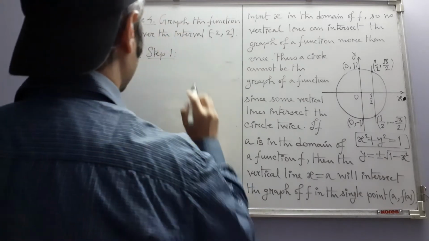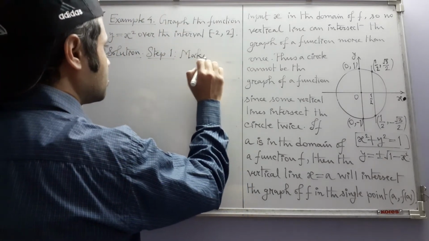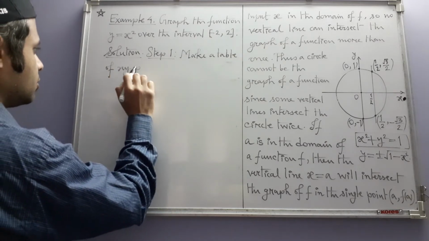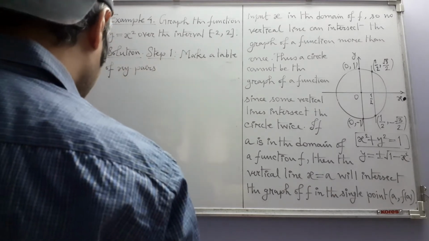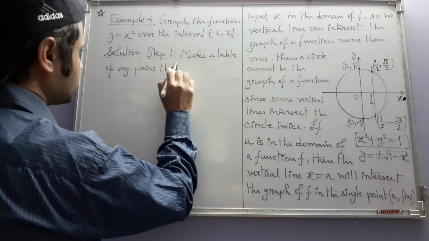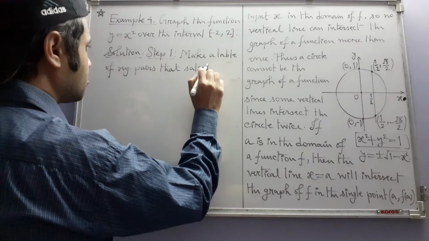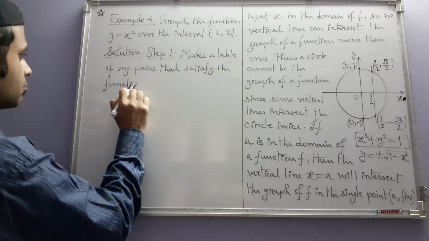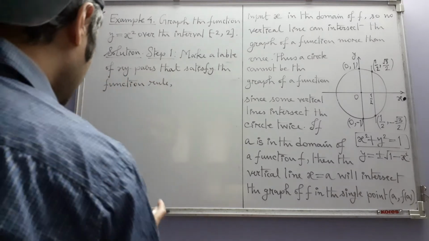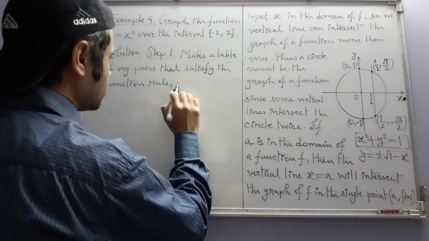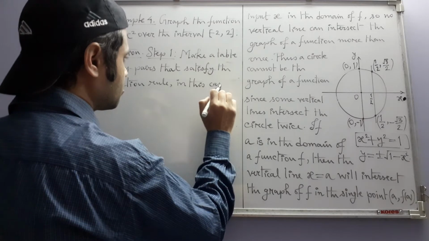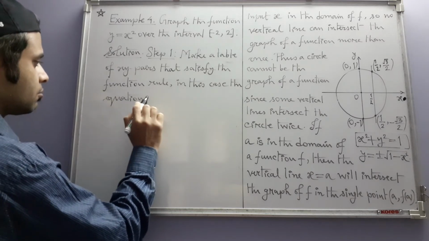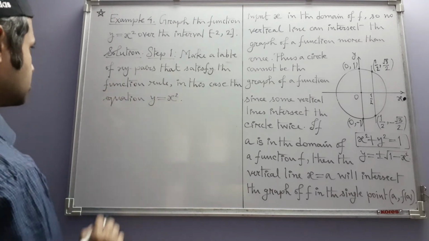Make a table of xy pairs that satisfy the function rule, which in our case is y equal to x square. So that is step 1.